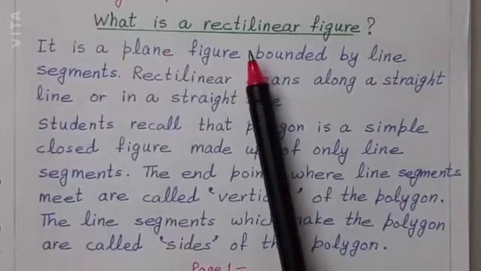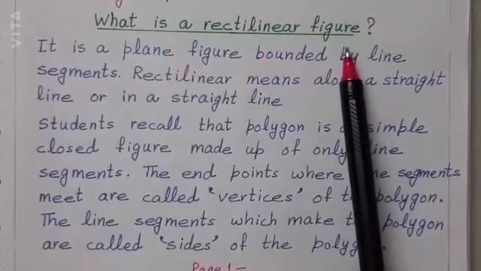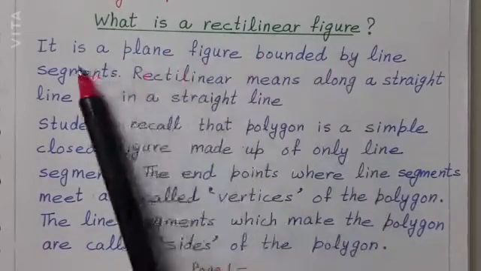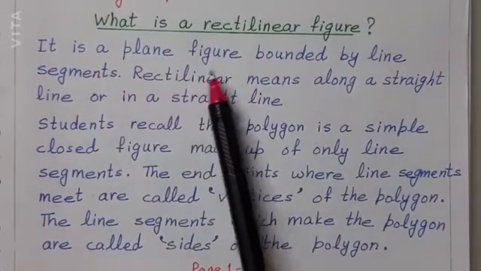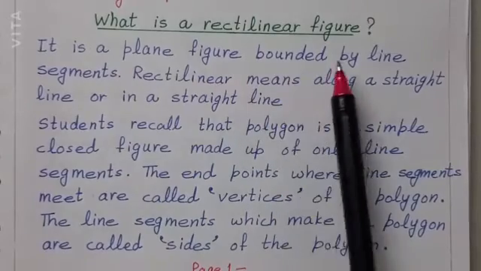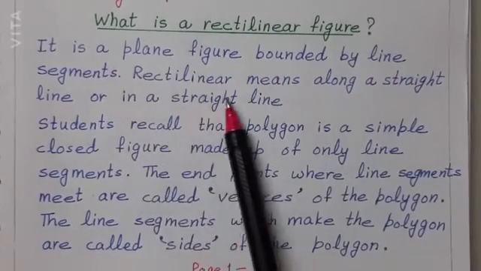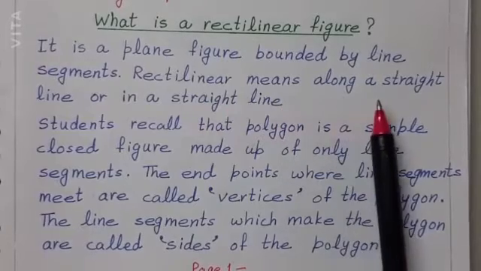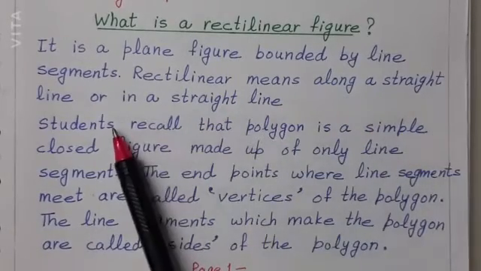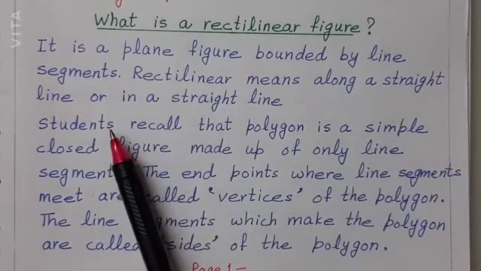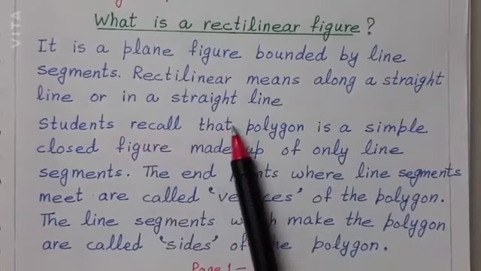What is a rectilinear figure? It is a plane figure bounded by line segments. Rectilinear means along a straight line or in a straight line.